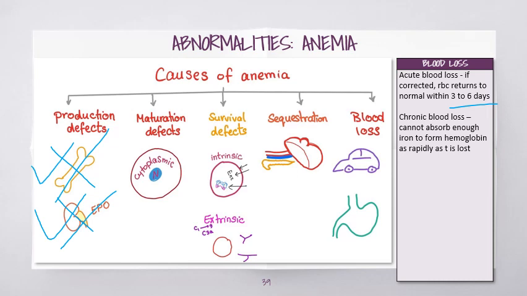The blood loss is not severe enough that you will notice it, but as time goes on, the body can no longer compensate. So you're always bleeding in small amounts, and then you cannot absorb enough iron to compensate for that loss.